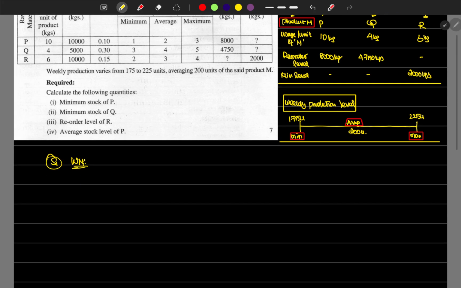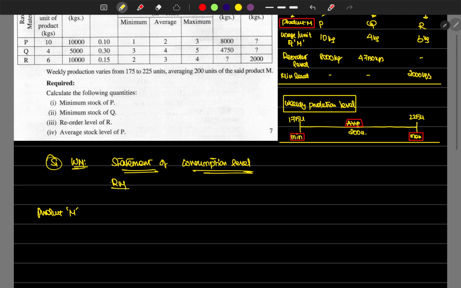So let's prepare the statement of consumption levels. This is step 1. The product is product M, which uses the raw materials P, Q, and R. We require minimum consumption, average consumption, and maximum consumption.